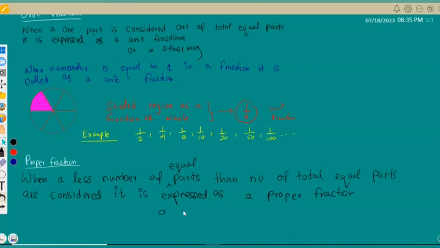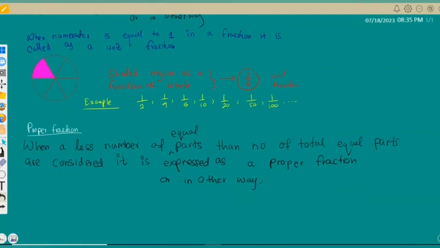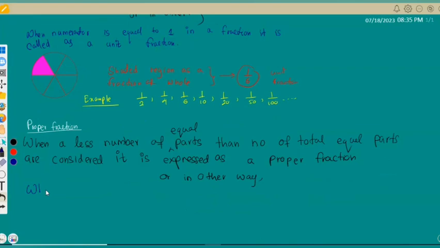Or in other way, when numerator is less than denominator in a fraction, it is called as a proper fraction.